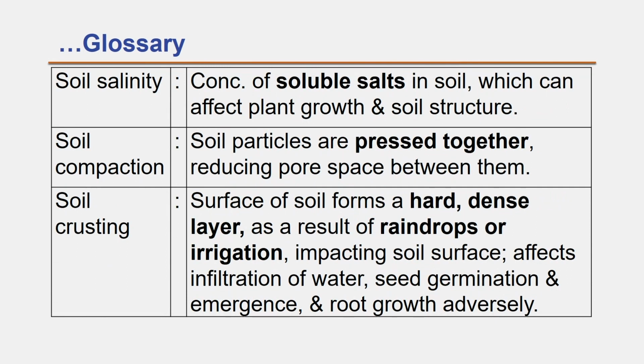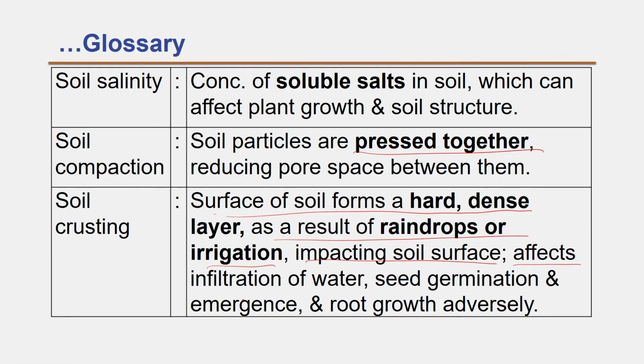Soil salinity is the concentration of soluble salts in soil which can affect plant growth as well as soil structure. Soil compaction is when soil particles are pressed together, reducing pore space between them. Soil crusting is when the surface of the soil forms a hard, dense layer as a result of raindrops or irrigation impacting the soil surface.